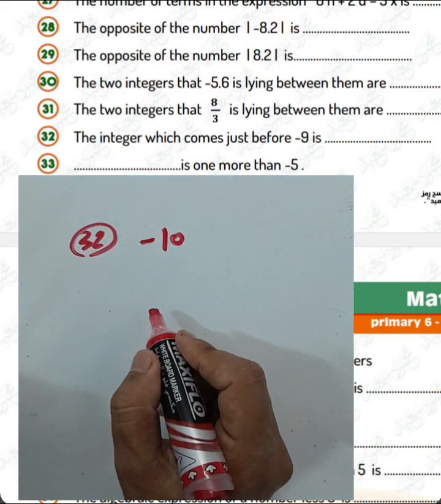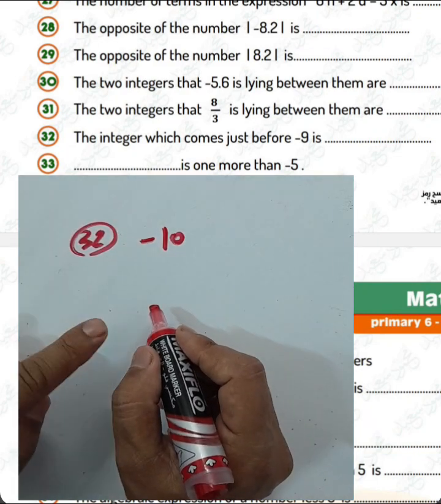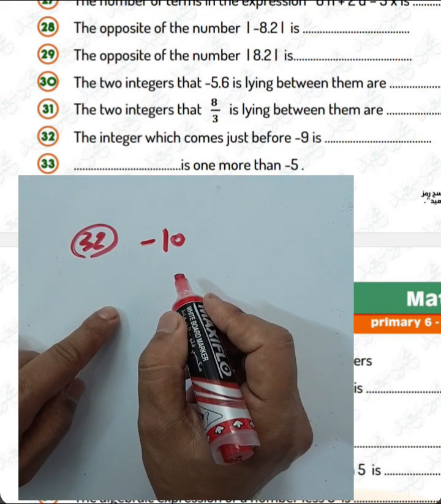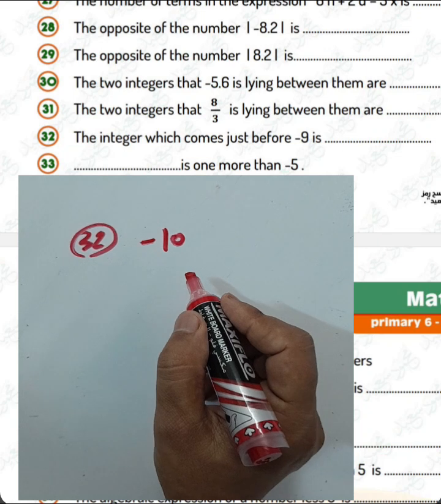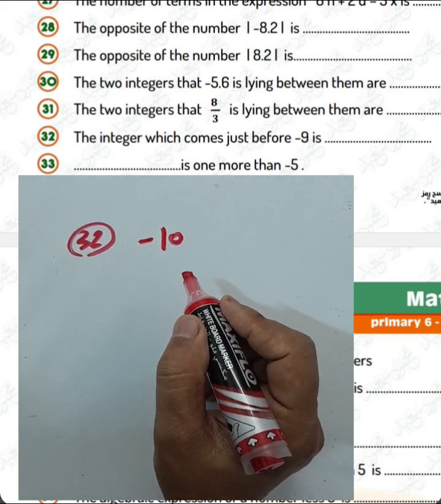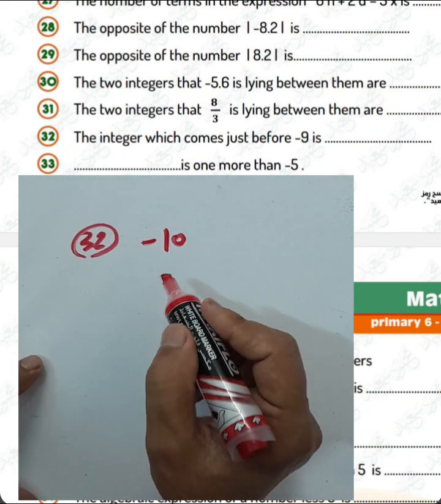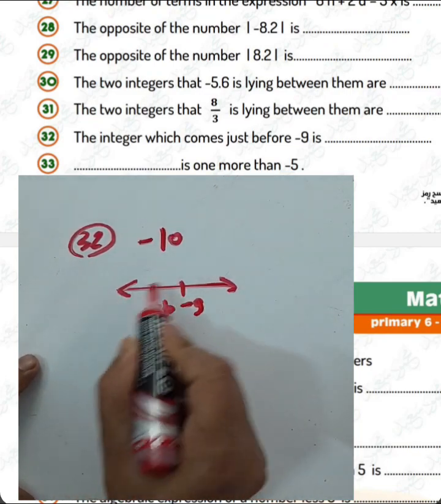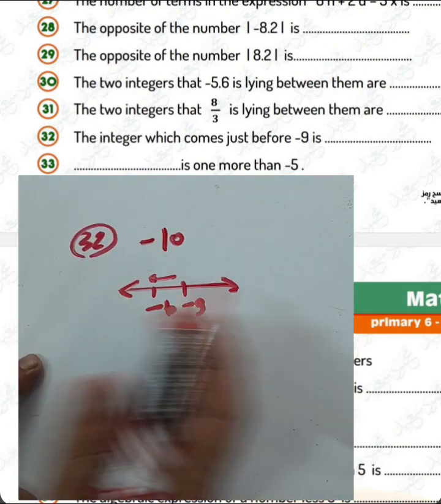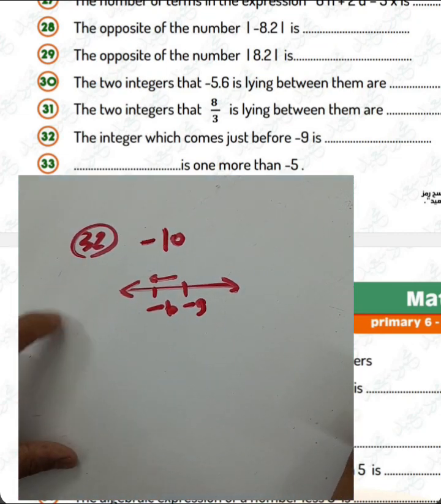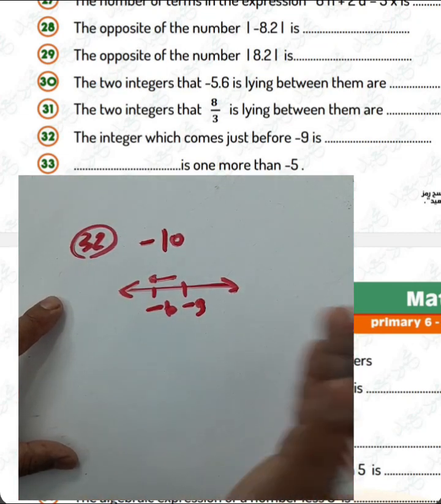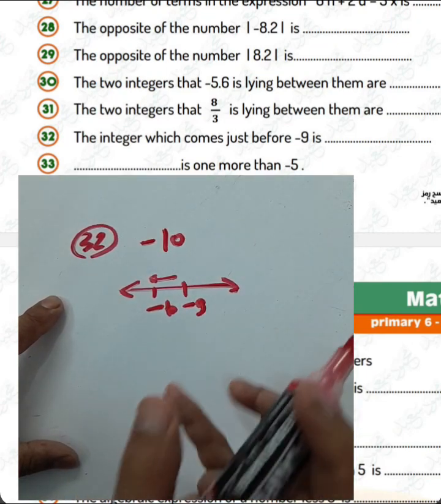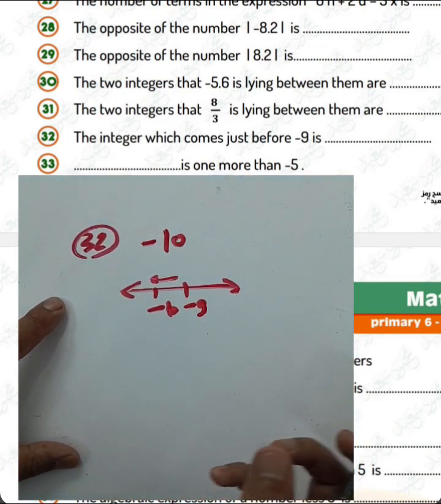I'm going to find the result by subtracting 1 from negative 9, because it tells us in the example, I want to find the integer which comes just before negative 9. Look at the number line here, we have negative 9 and negative 10 comes before, it means going to the left-hand side. But after, it means to the right-hand side. Before, it means subtract 1 from the number. Negative 9 minus 1 equals negative 10.